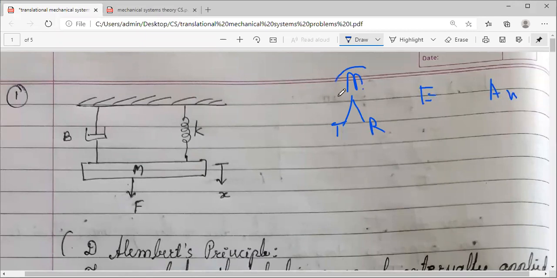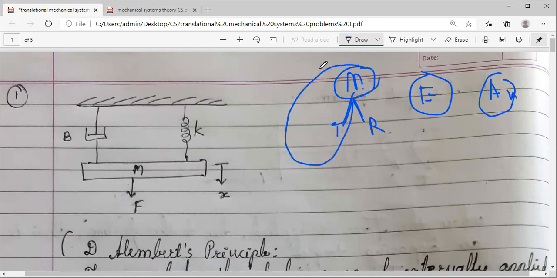For totally these three or four, mechanical has two. So for these concepts you have problems. In today's class I'm dealing with mechanical translational systems, and then we will cover mechanical rotational systems. Once we do this, there is a continuation of these problems in a single problem.